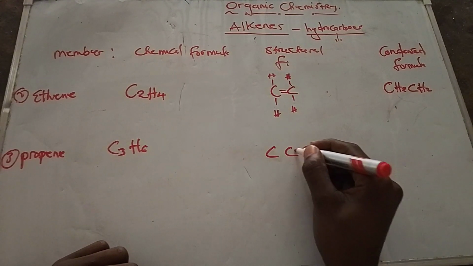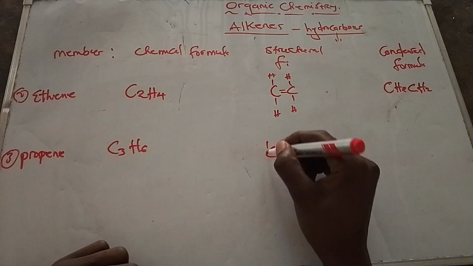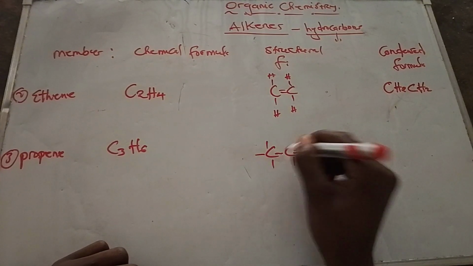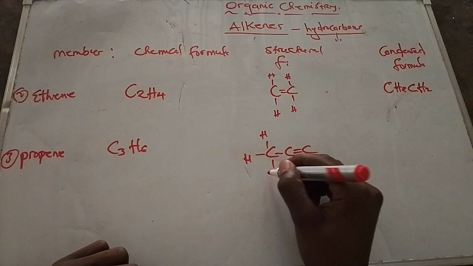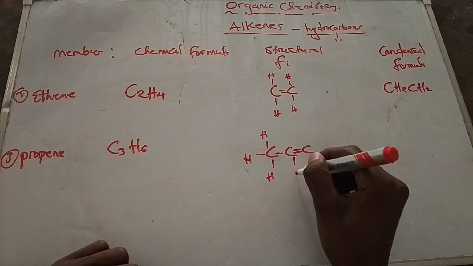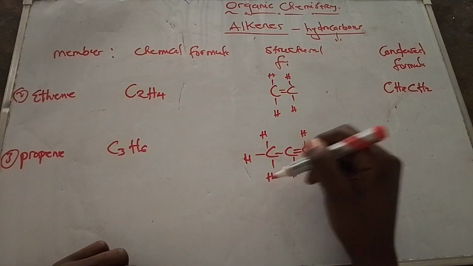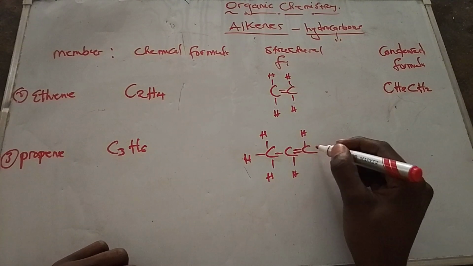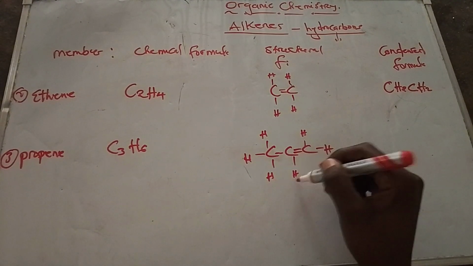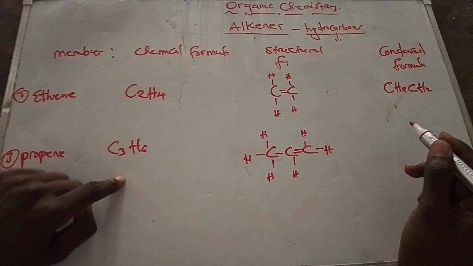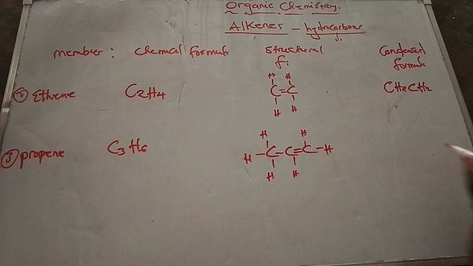I have 3 carbons, then I'll put my double bond here. The first carbon, because it has only single bonds, will have 3 hydrogens. Then this one will have 1, so 1, 2, 3, 4, 5. Then this one will have 2, so 6. This is my structural formula of propene.